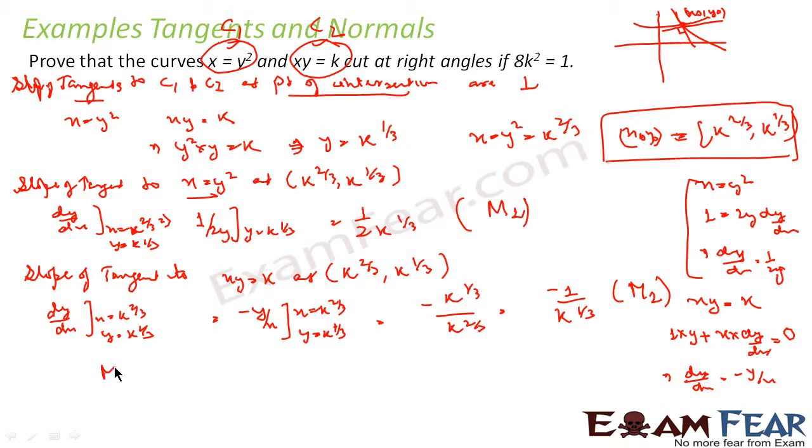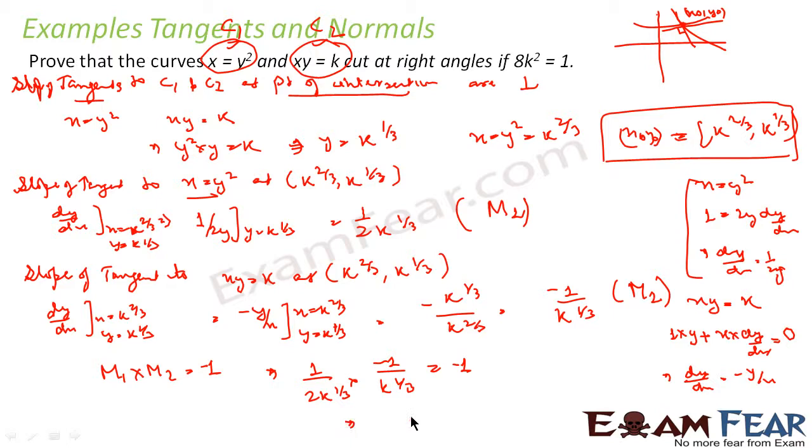Since they are perpendicular, the product of the slopes has to be equal to minus 1. If two lines are perpendicular, the slopes of those two lines, if you multiply, that should become minus 1. So m1 is nothing but 1 by 2 k to the power 1 by 3, into m2, which is minus 1 by k to the power 1 by 3, and this has to be equal to minus 1.